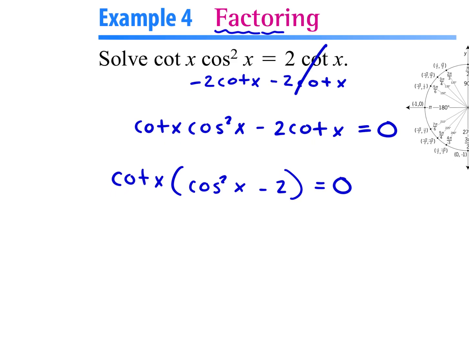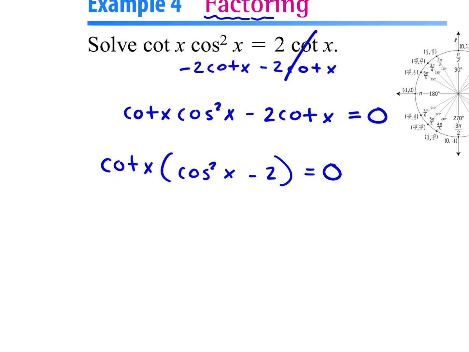Now, just like when we're solving by factoring, we're going to set each piece equal to 0. So I can make this equal 0 and this equal 0. So I'm going to have 2 equations here. Cotangent x equals 0, and cosine squared x minus 2 equals 0.